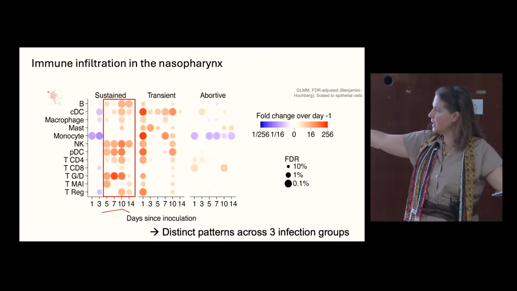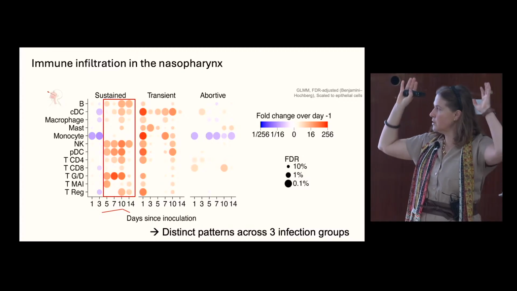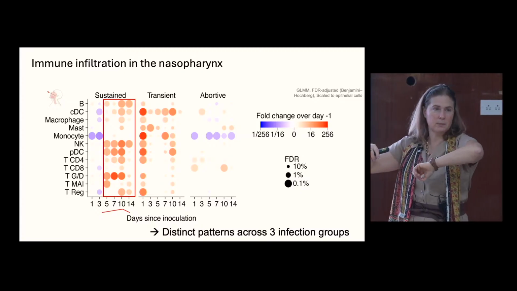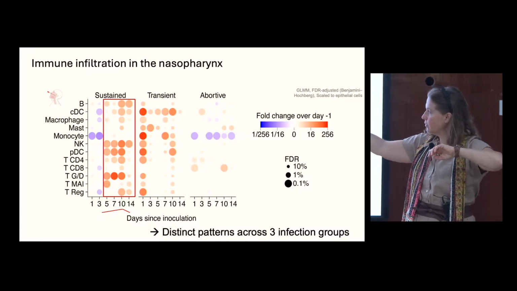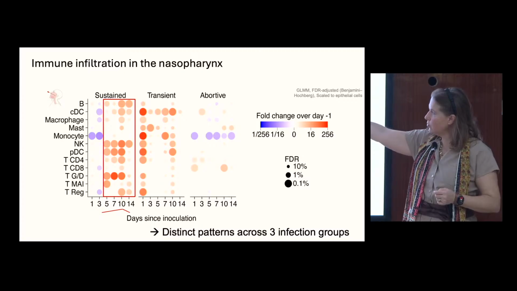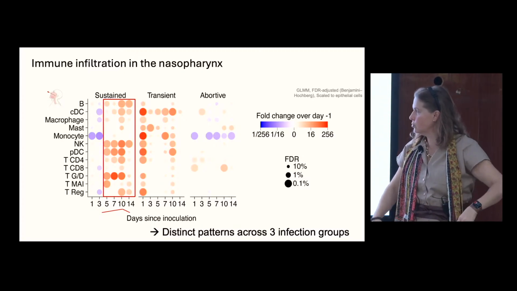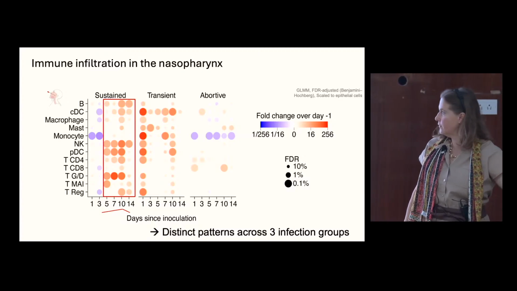And for the people with sustained infection, you can see that the immune cells are first somewhat depleted because they're going into the blood. The monocytes are going into the blood out of the nose. And then from day 5 onwards, we can see immune infiltration coming into the nose in response to the infection.